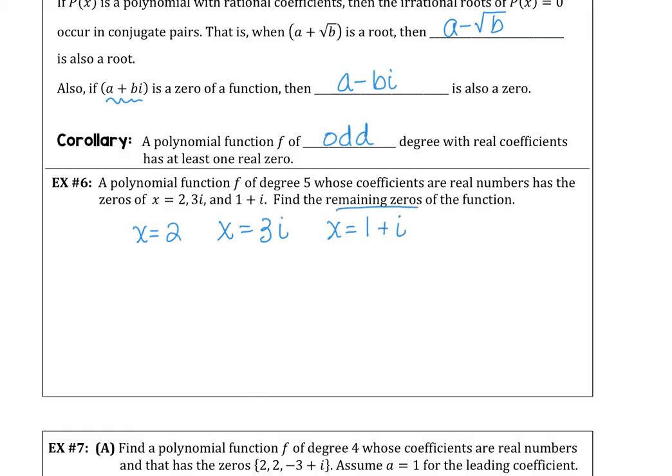What are the remaining zeros? Well, this is a real zero, so it's by itself, but x equals -3i is its conjugate, and x equals 1 minus i is its conjugate. So those are the conjugate root theorem. It's these two that are missing. So we have 1, 2, 3, 4, 5 zeros in that case.